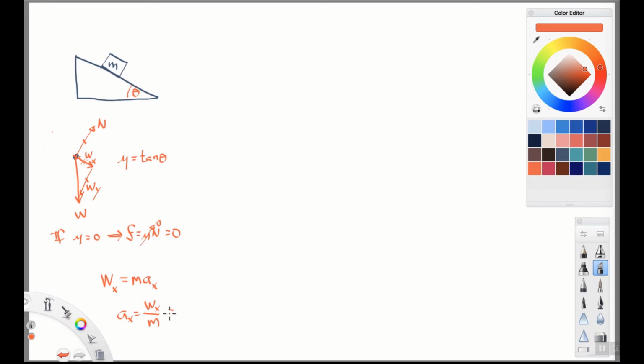You might recall that the weight in the x direction was equal to mg times sine of theta, divided by m. You can see right away that the m's cancel out, and you get g times sine of theta.